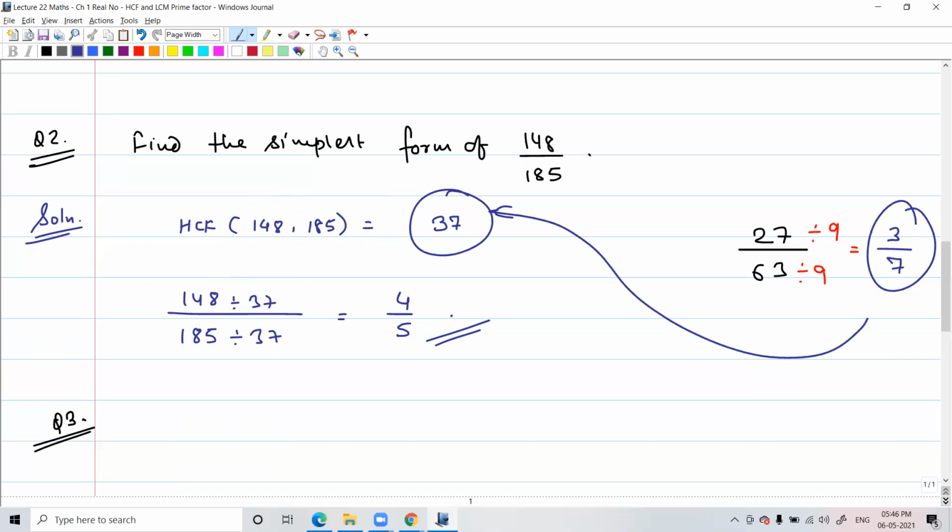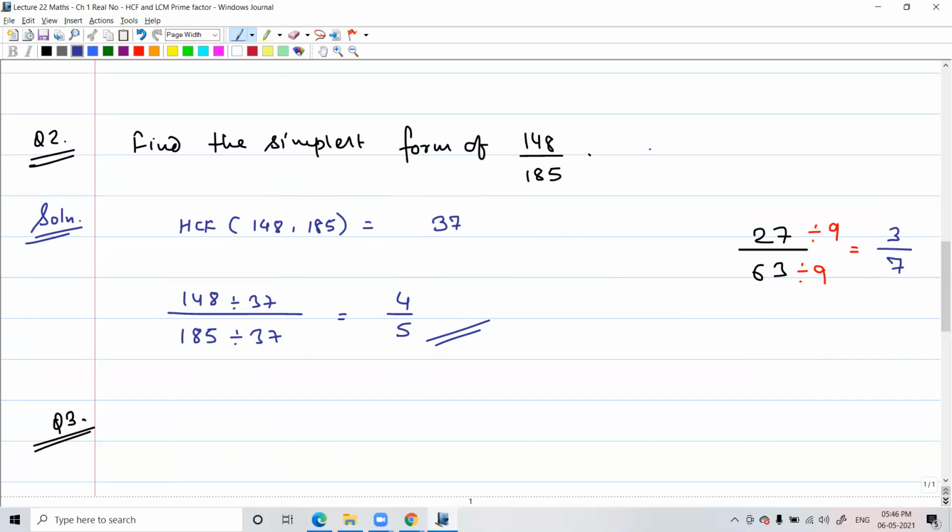Once you have your HCF, just divide by that. Both numerator and denominator should be divided by the same HCF, and you will get your simplest form. Confirm if you're okay now. Yes, sir. All right.